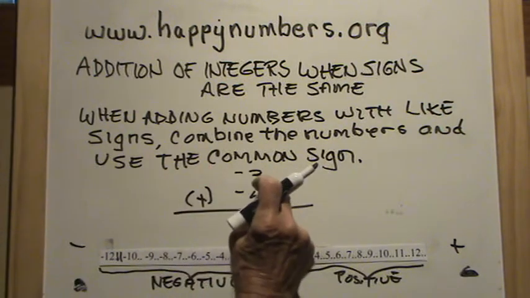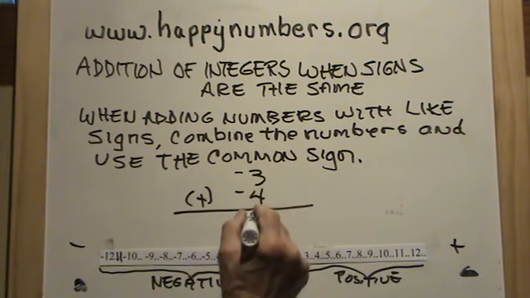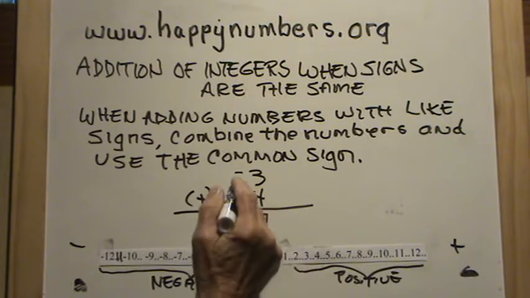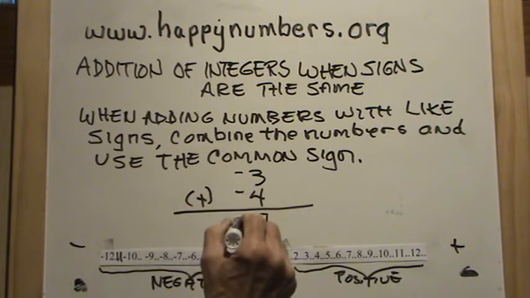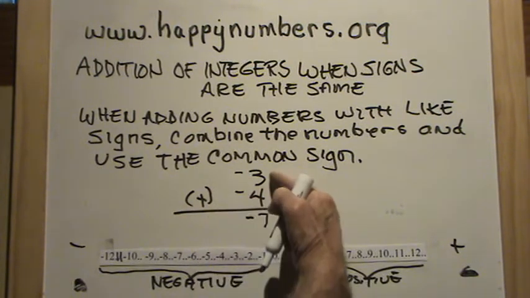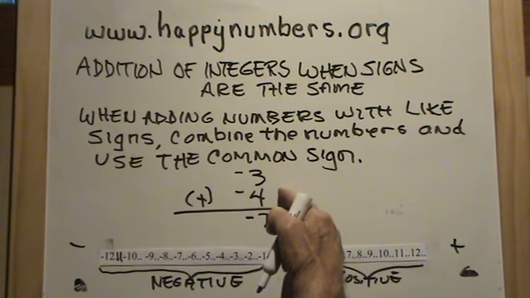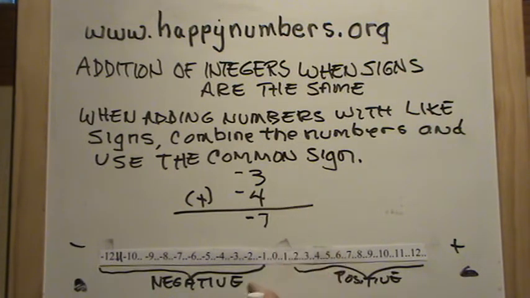We just combine the numbers. 3 and 4 is 7, and we use the sign, which is negative. So -3 plus -4 is -7. And we can see that on the number line. If we have -3 and then we add a -4 more, we move in a negative direction. 1, 2, 3, 4, we wind up with -7.